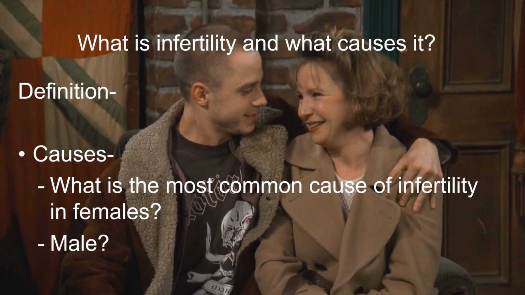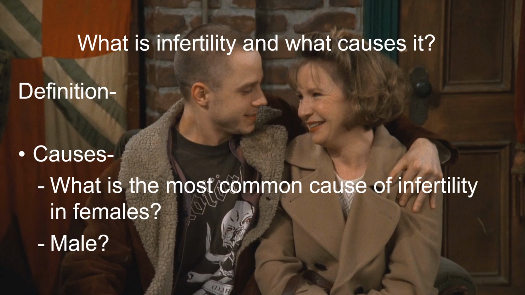Okay. So infertility. Infertility is defined as the inability to reproduce, inability to have a pregnancy after 1 year of unprotected sex. But again, it's a current but also an old definition because nowadays we don't really wait for a year to establish infertility.